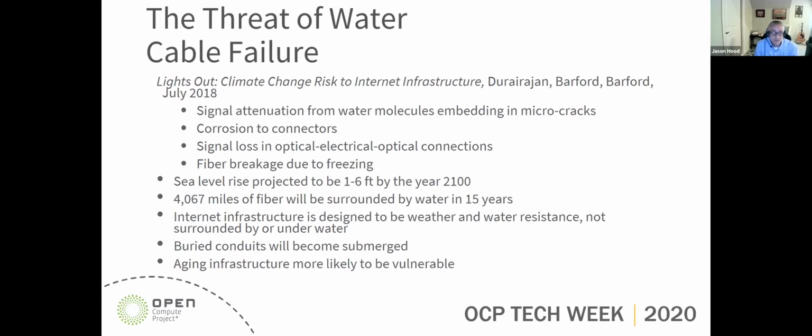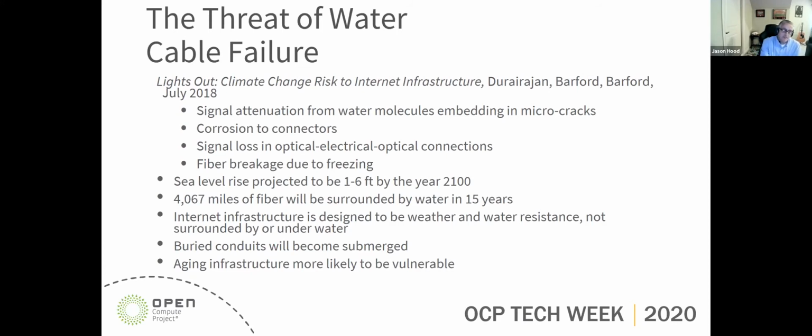This paper also talks about the sea level rise projected less than 100 years from now, 1 to 6 feet. By these projections, the paper surmises that over 4,000 miles of fiber will be surrounded by water in 15 years. So a lot of this infrastructure will be submerged. The conduits will be filled with water, and the aging infrastructure is likely to be more vulnerable.